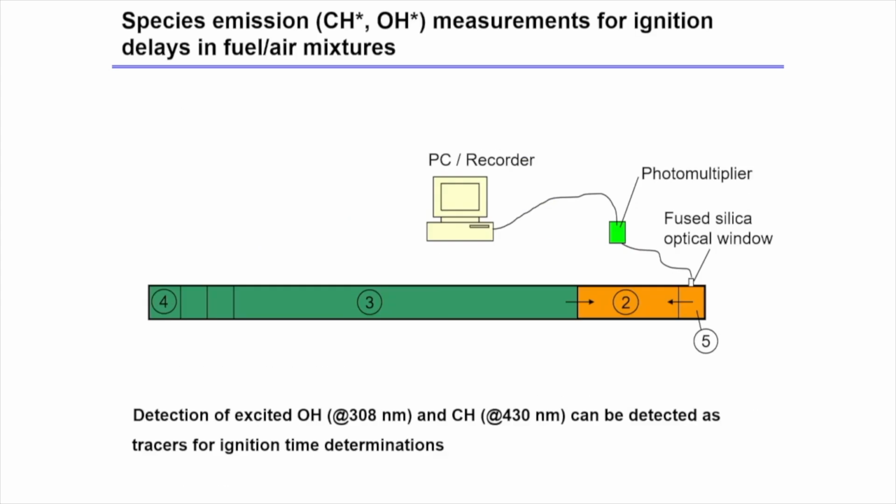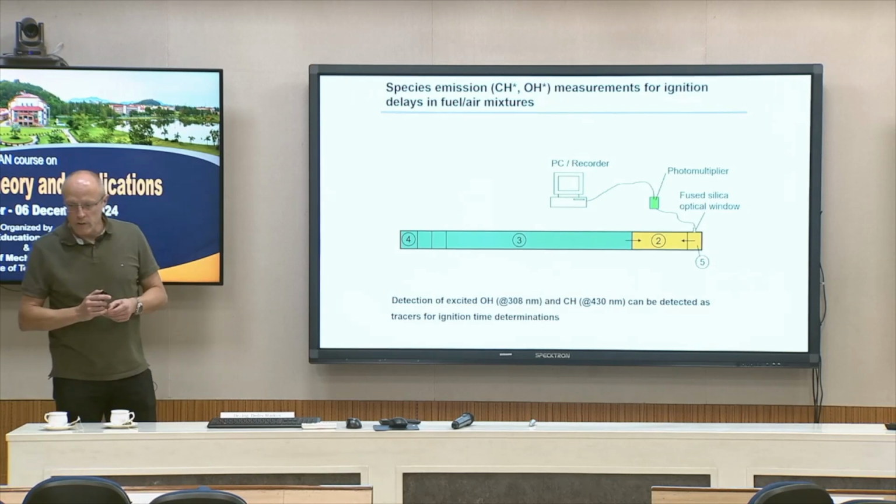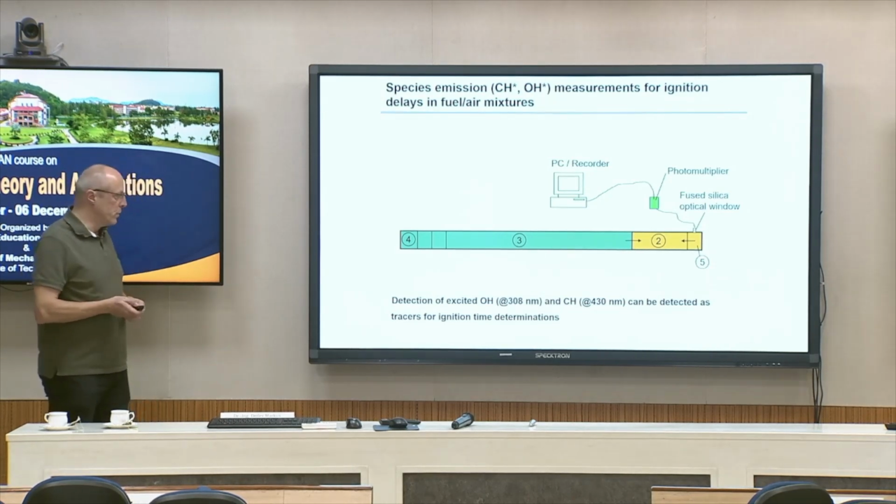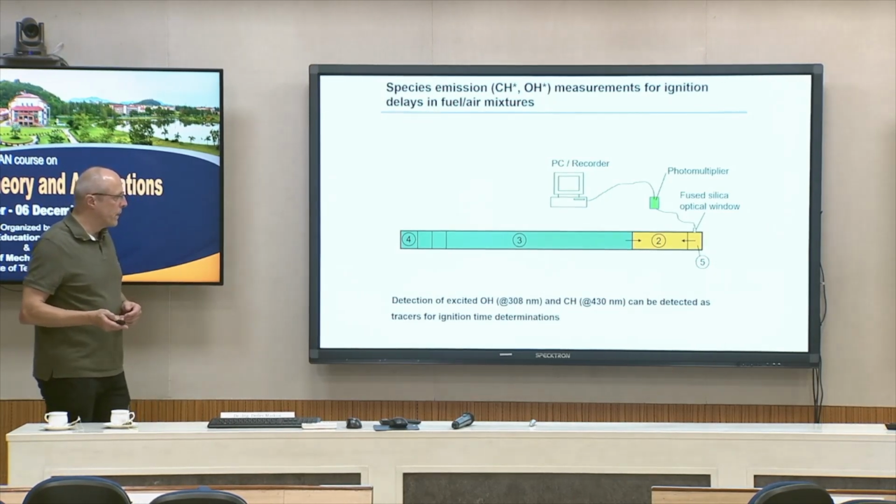experiment. But if we have an optical window, we also can look for chemiluminescence. So CH and OH are typical radicals for hydrocarbons, hydrogen. So we can measure the emission in the range of 308 nanometers and or 430 nanometers, which are the typical bands of these two radicals of interest.